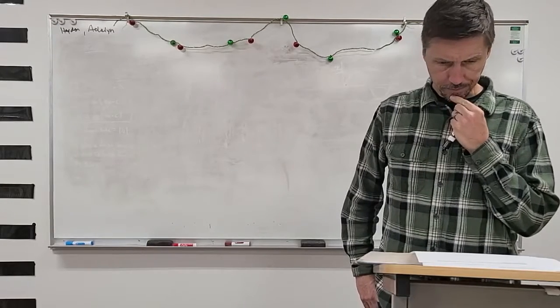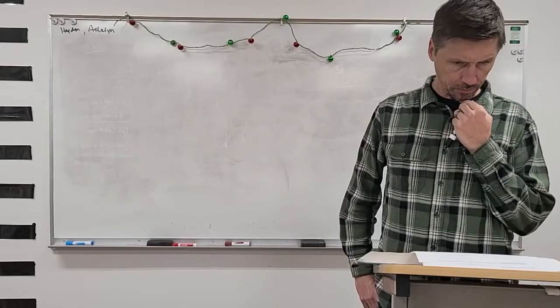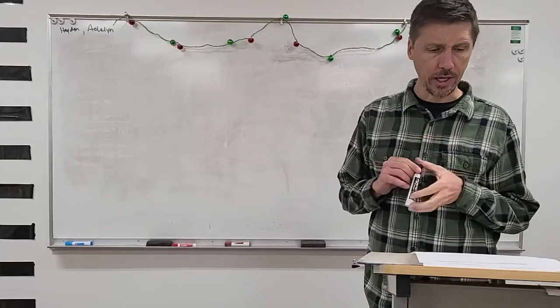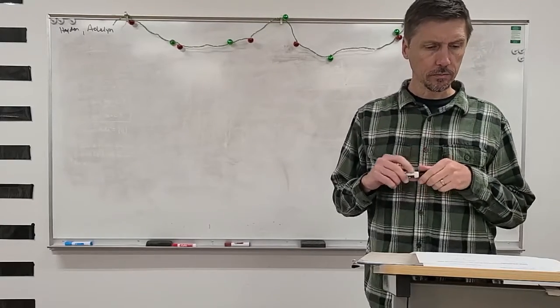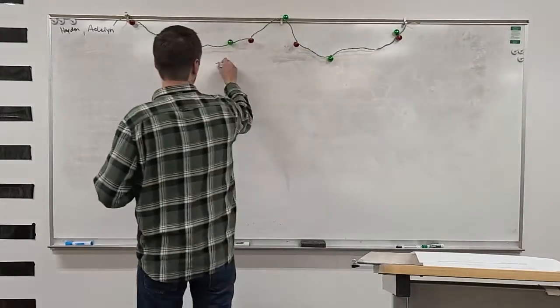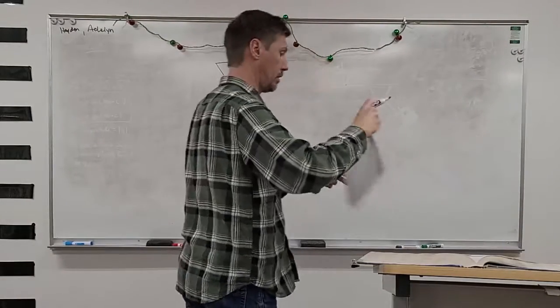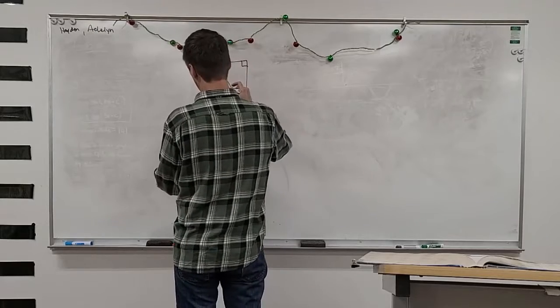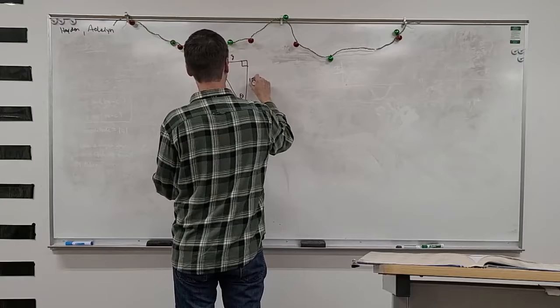Maybe we'll do 62 or 63, and then we'll do one of the other ones. So I'm asked for the cotangent of theta for a triangle that looks like this. And we have 8, this is theta, this is 15.